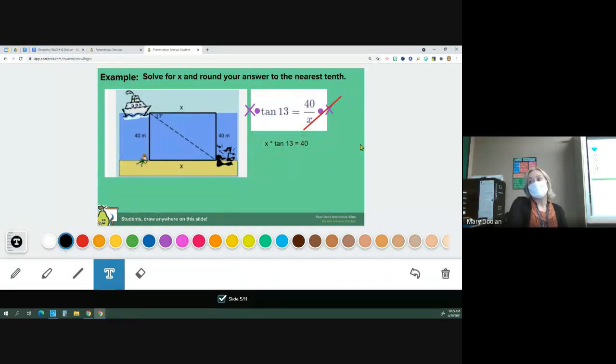And so we want to isolate the variable x. x is being multiplied by tangent of 13. Tangent of 13, its value is a ratio. It's a numerical value. So this is like a number that I could just divide away to get rid of it. So I am going to divide both sides by tangent of 13.